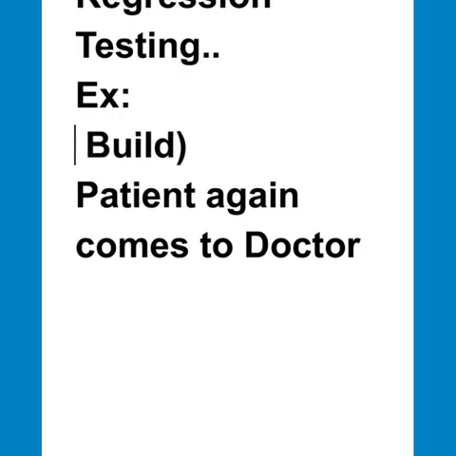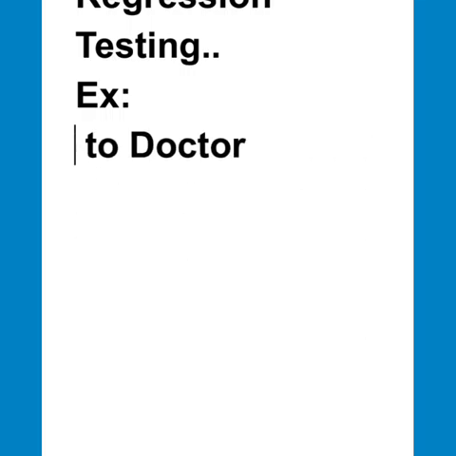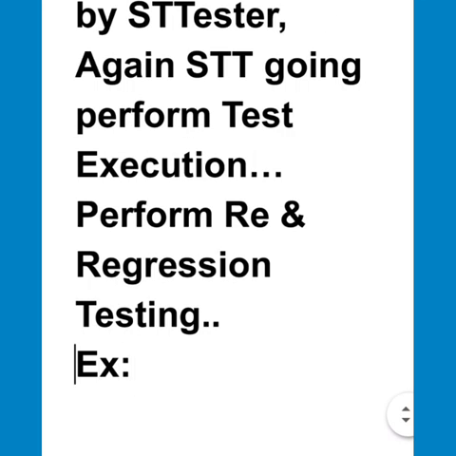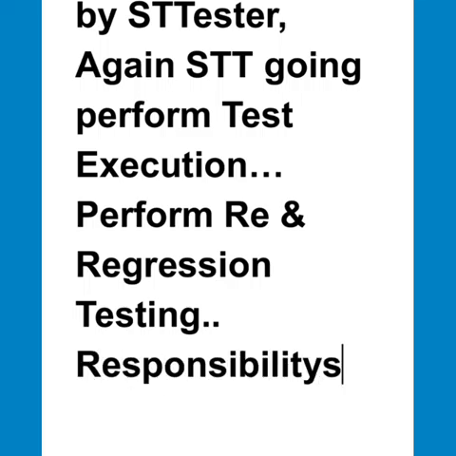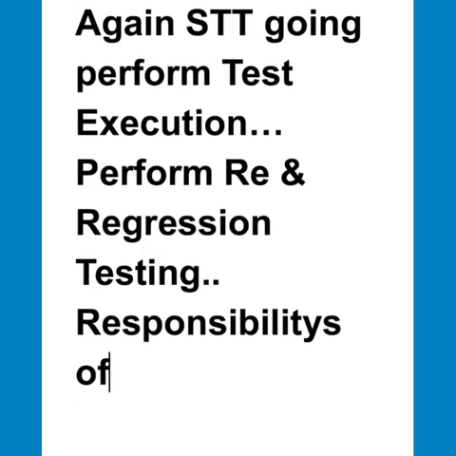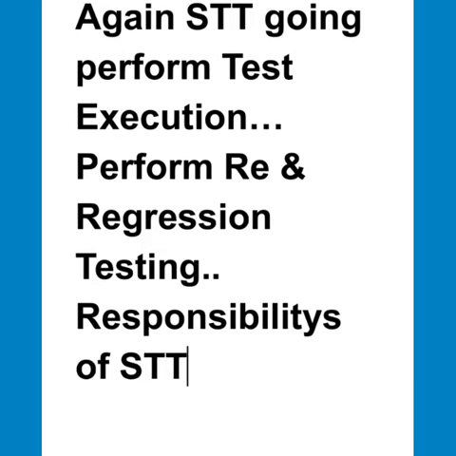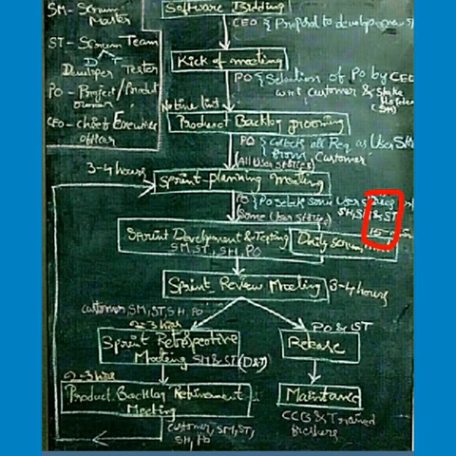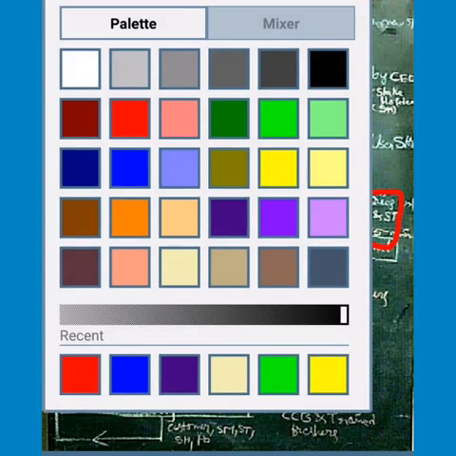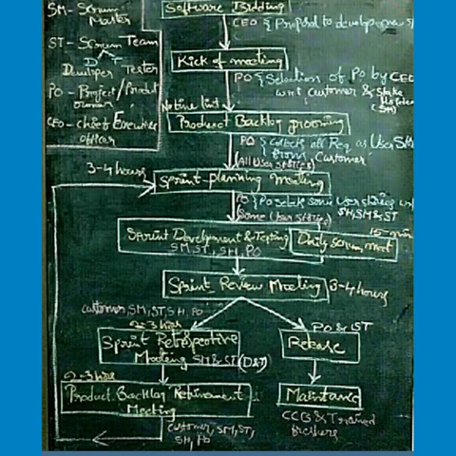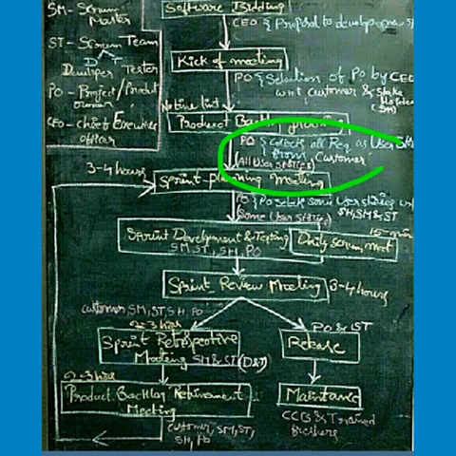These are the roles and responsibilities of the Scrum team tester in the Agile Scrum process or Agile Scrum model, and a few more responsibilities are there. First of all, you have to study all user stories and understand the requirements.